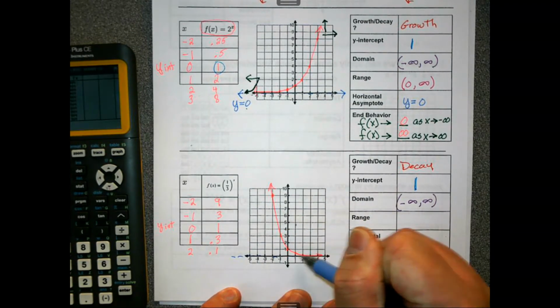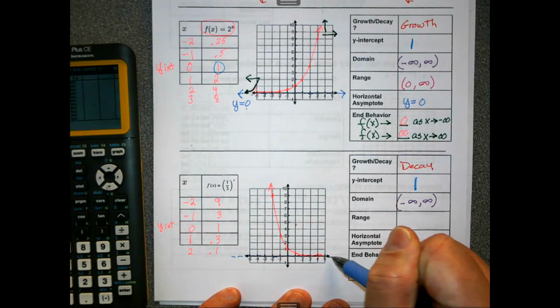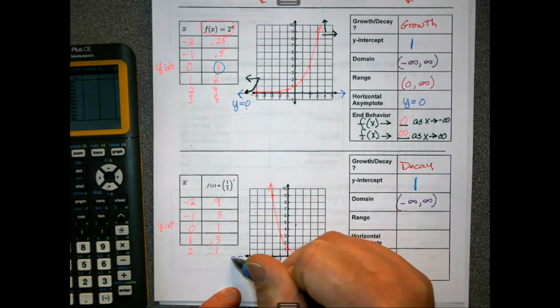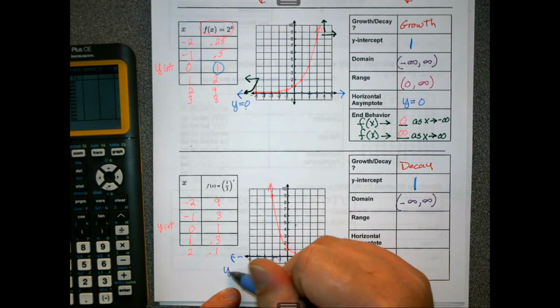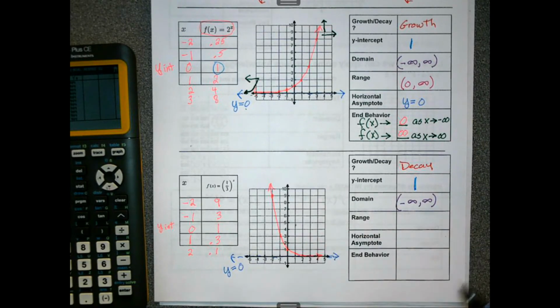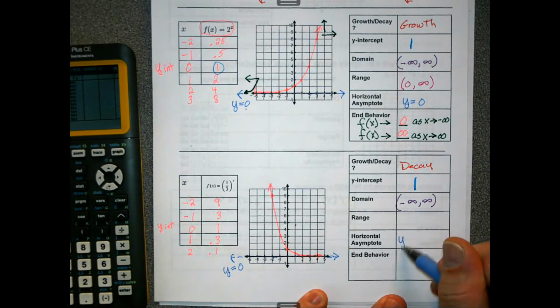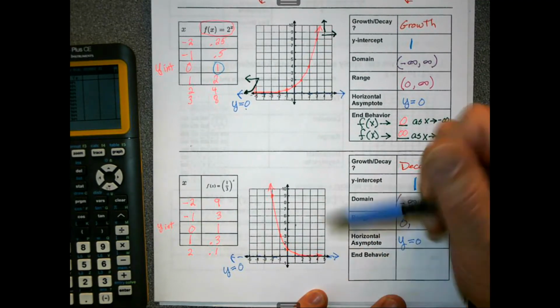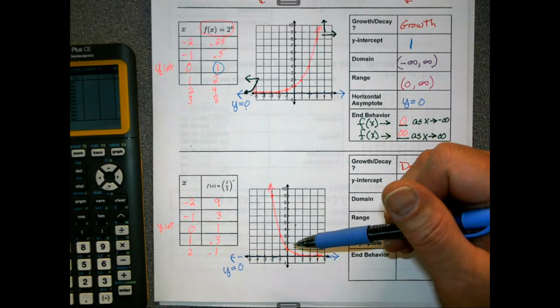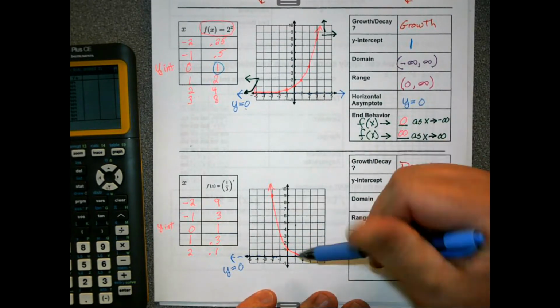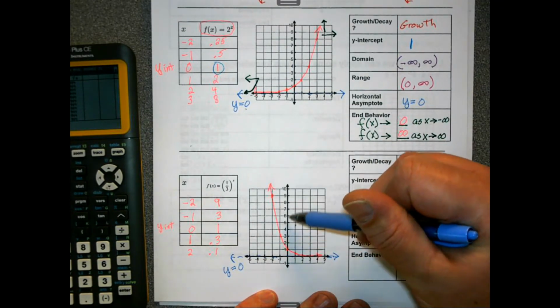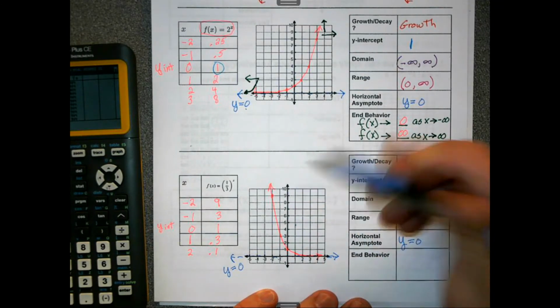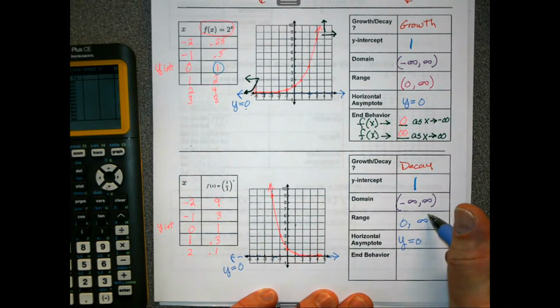That line that it tries to reach but never touches or crosses happens to be our x-axis, 0. And we're going to look at that in 2 problems. Okay, my highest y value, infinity.